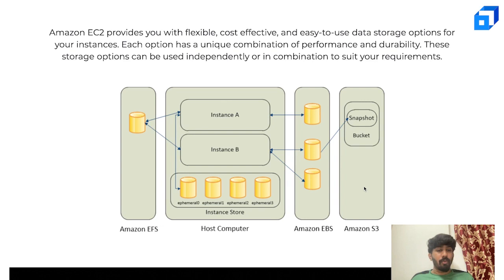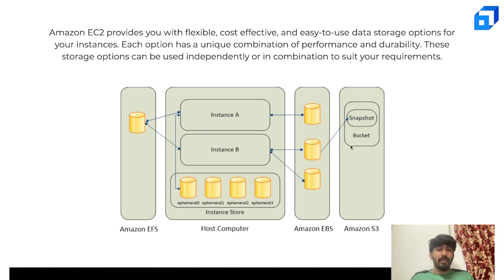And finally there is one more, which is Amazon S3. We're going to learn about S3 in another tutorial, but right now I'm just going to give you a very brief overview. Let's say you want to terminate the instance, but you want to keep the configuration of the instance available in AWS, so that the next time you want to launch an instance with the same configuration, the same files and the same applications you have already installed, you can directly use the setup and launch an instance.